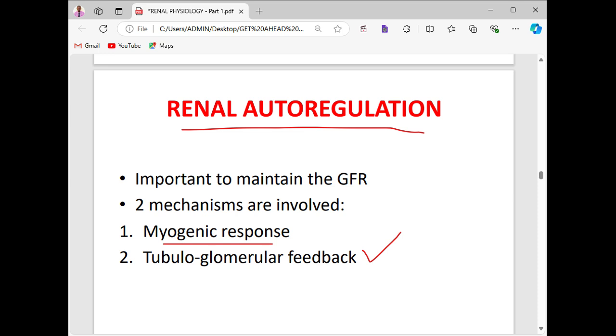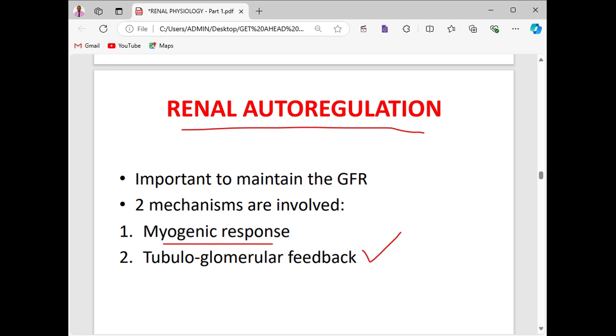So what happens is that when sodium chloride levels in the tubular fluid increase, the cells known as the macula densa will detect this and send signals to the afferent arterioles to contract. And when the sodium chloride levels decrease, the macula densa brings about dilation of the afferent arterioles.